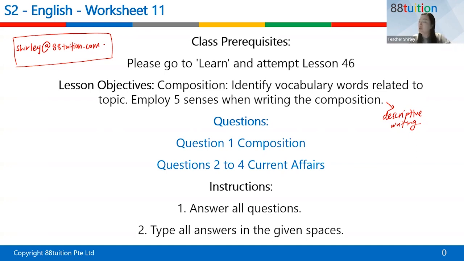So today is really just building on it, to make sure that we have sufficient to write about when it comes to descriptive writing. Of course, it can be descriptive words for many things, like for example, an object, a place, or even an experience as well.